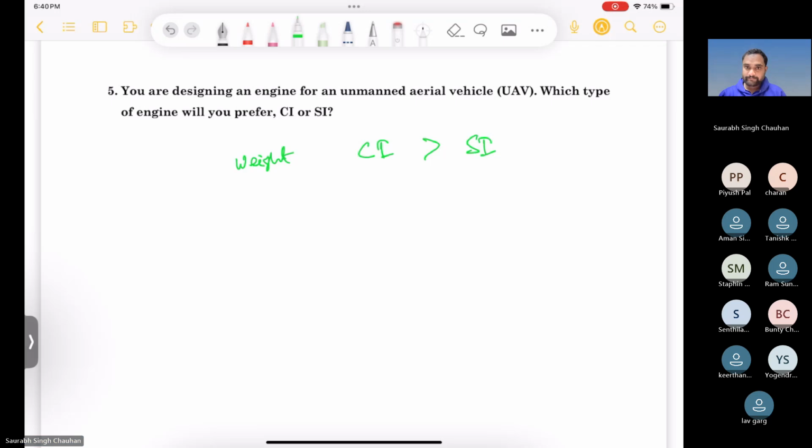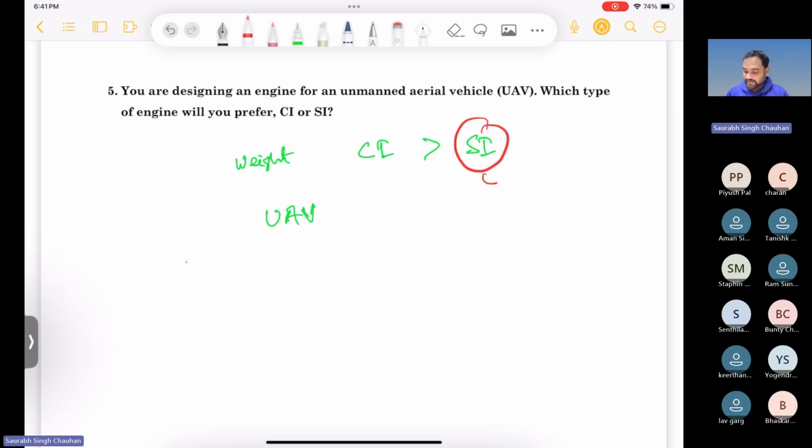In an SI engine, the compression ratio is less, so the engine does not require that much metal. So this is one aspect. In my opinion, in UAV applications, I will prefer an SI engine because these are lightweight.